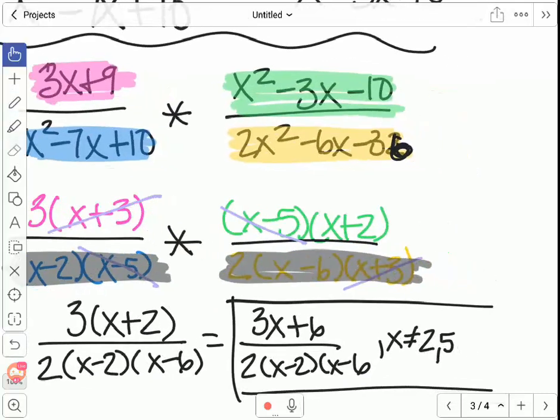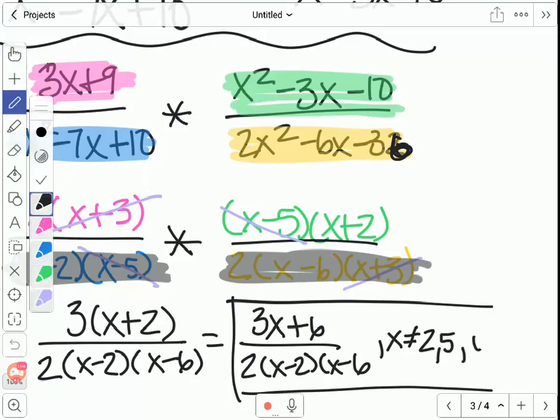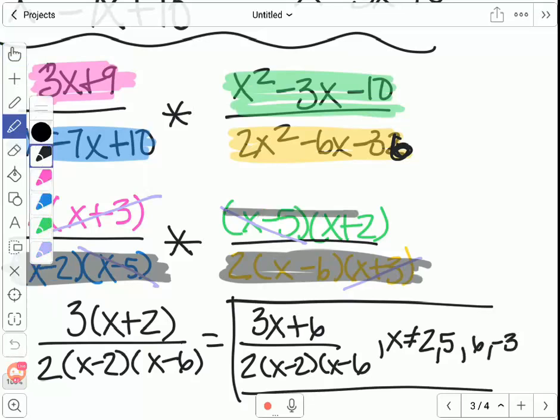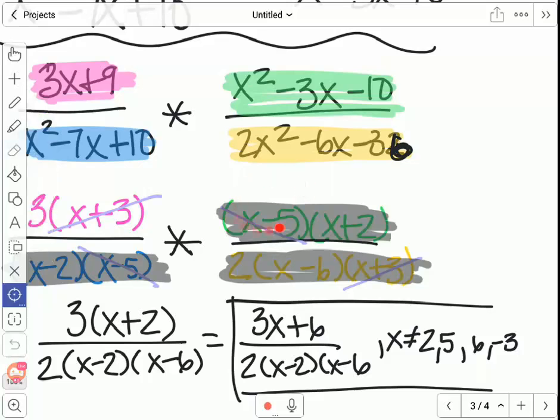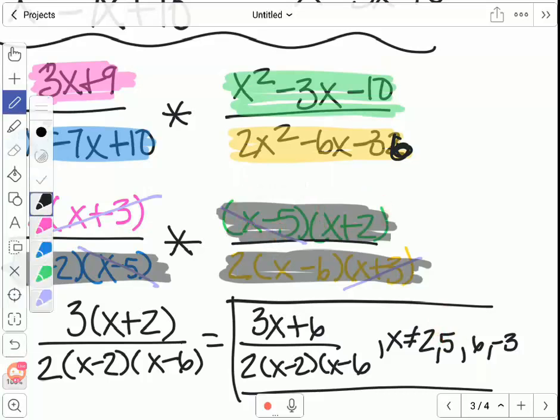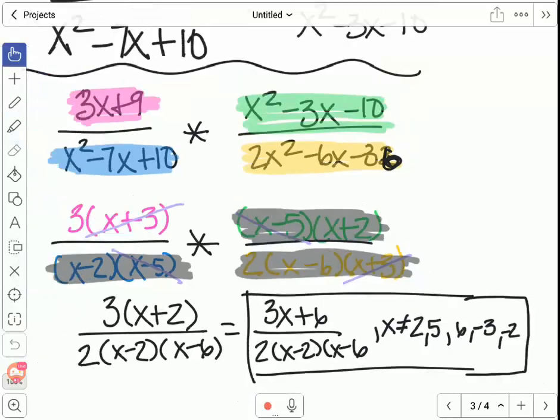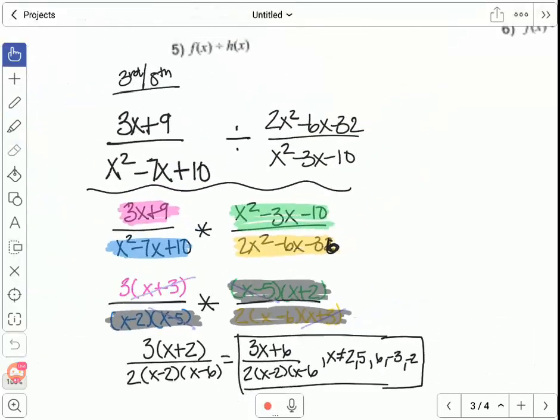So that means I also have excluded values of positive 6 and negative 3. And also, this numerator was originally in my denominator before I flipped it. So x minus 5 tells me there's an excluded value of positive 5. I already have that one. But x plus 2 tells me there's an excluded value of negative 2. So that is my entire answer to question number 5.